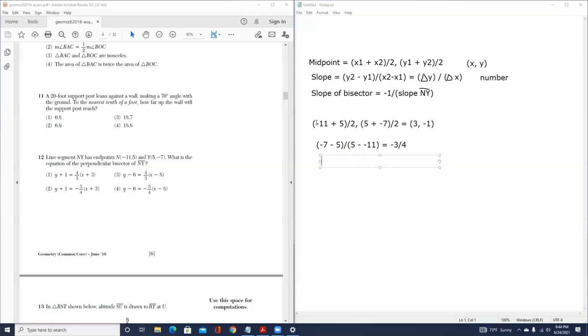Therefore, this is the slope of NY, by the way. So the slope of the bisector is equal to 4/3.